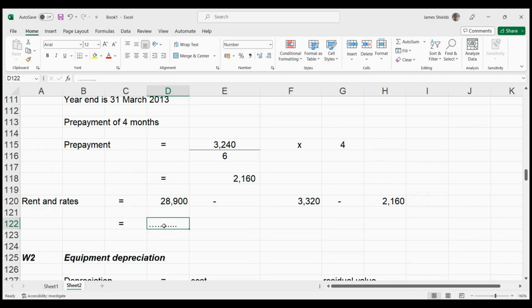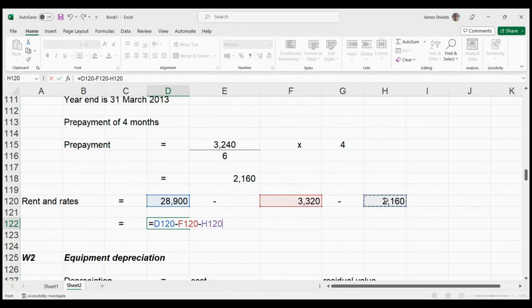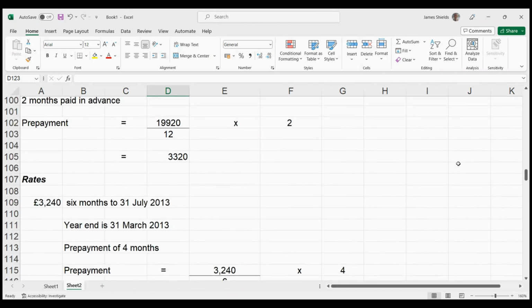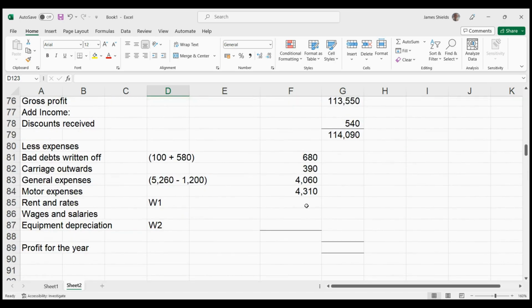So our rent and rates figure is going to be £28,900, take away £3,320, then take away £2,160. So we've got a rent and rates figure of £23,420, and that's the figure going to go into our income statement now. So 23,420.